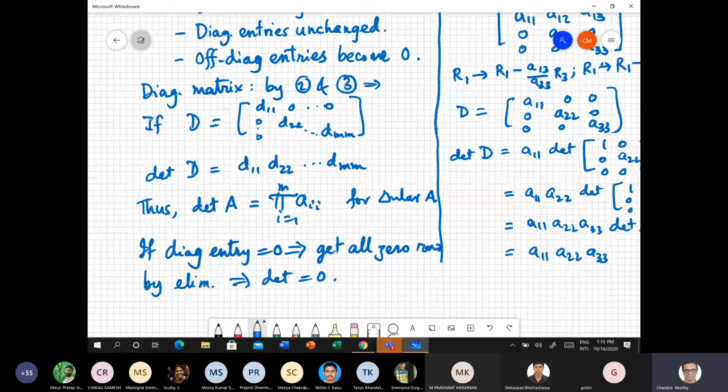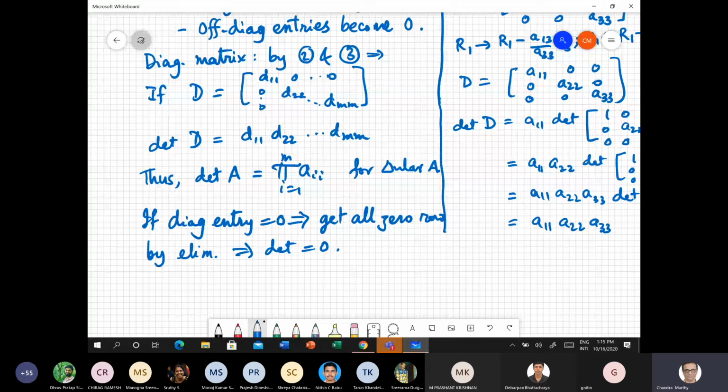Okay, so let's continue. The next property is that the determinant, if you can evaluate it, tells you whether the matrix is singular or non-singular. So what is a singular matrix?